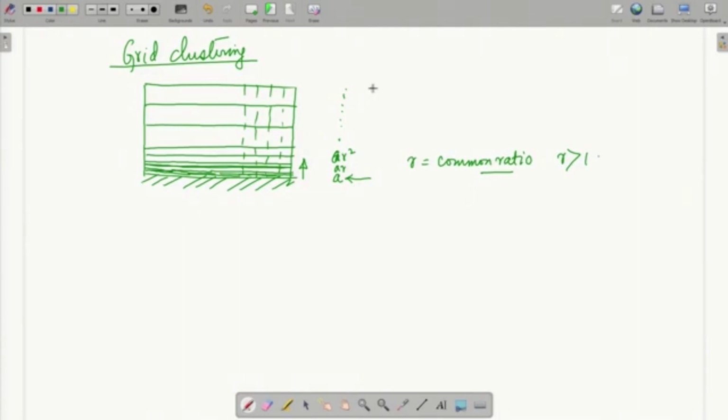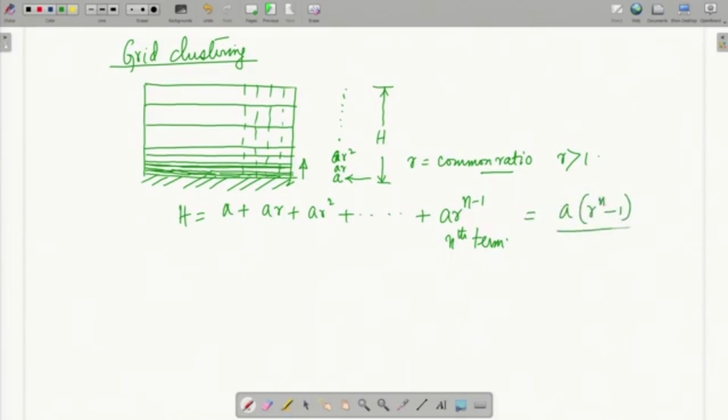So, if you sum up these individual cell thicknesses, you can write this as, so this is essentially the nth term, and we know that this sum is given by, where R is greater than 1.